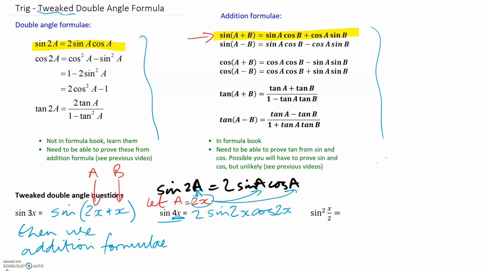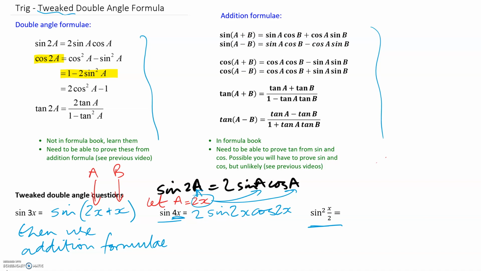And looking at the last one here, so this time it's sine squared x over 2. You might need to change that into a different expression. So how you could deal with that is by looking at this one here. Look at cos 2a equals 1 minus 2 sine squared a.